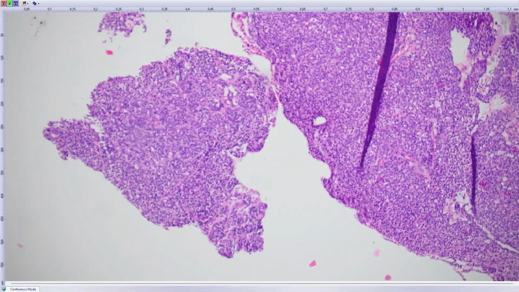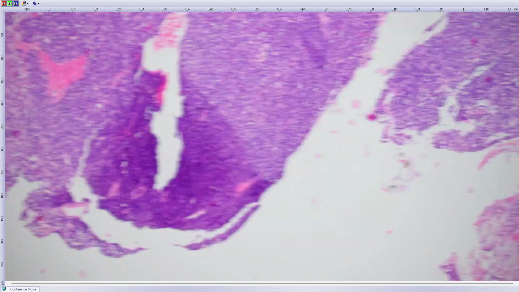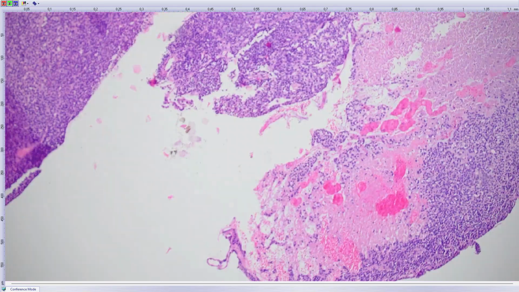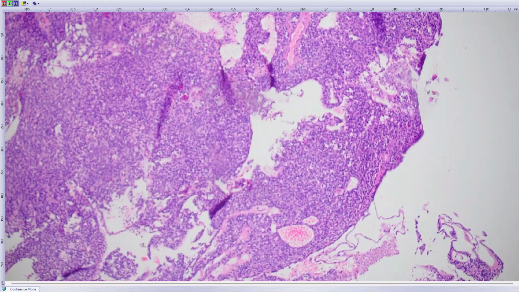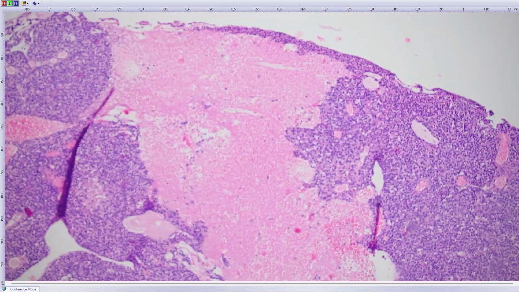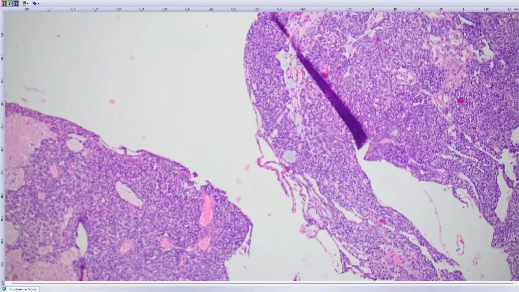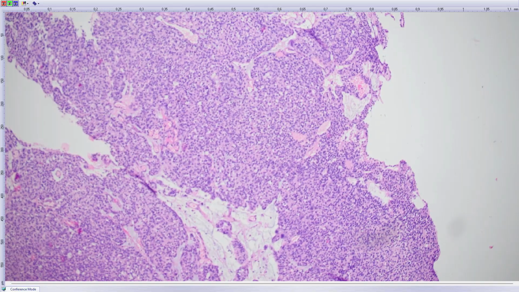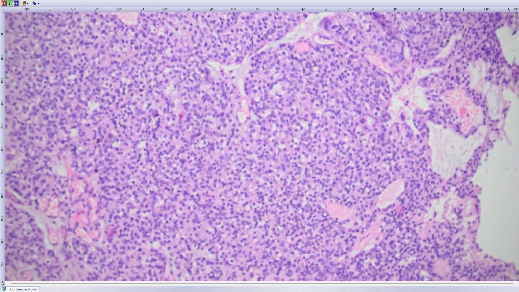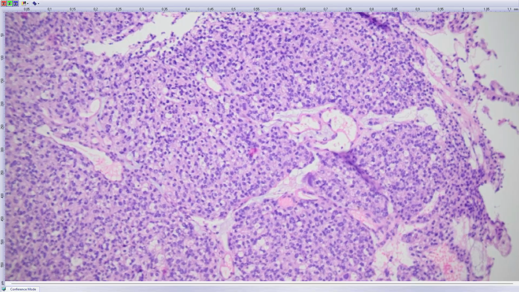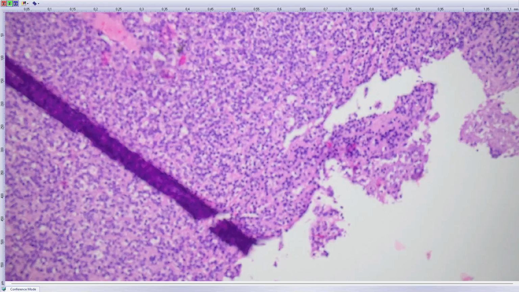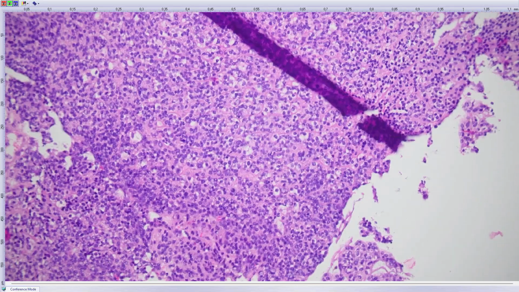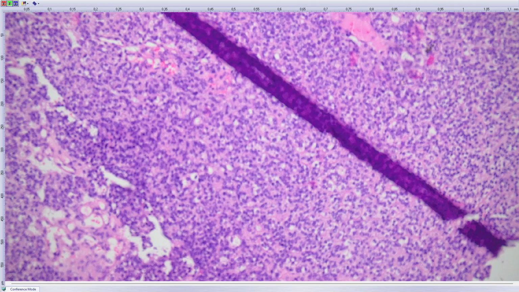There is not much to see besides that, except that in some areas necrosis, also another feature of high-grade malignancy, and I think some small areas had a little different appearance, perhaps here a little bit of clear cell morphology, maybe I'm imagining it, but I thought it looks a little bit like a clear cell neoplasm.